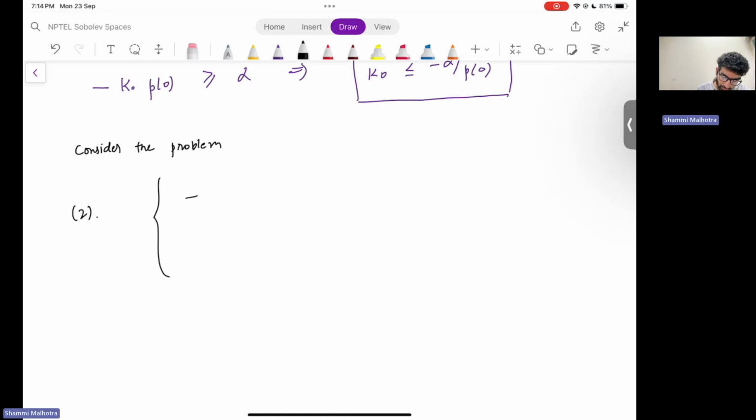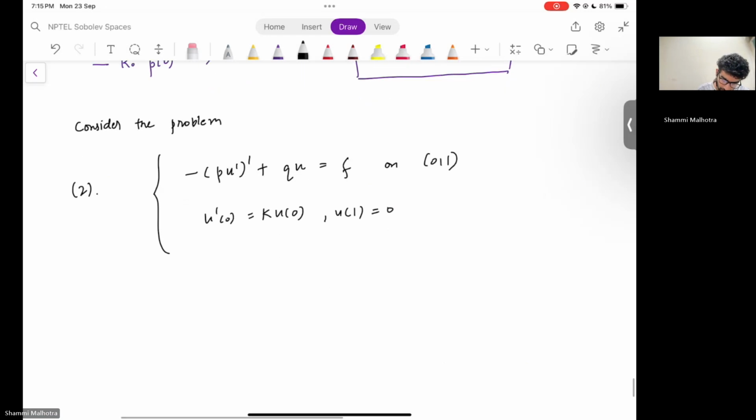This is nothing but minus (P u')' plus Q u equal to f on [0, 1], and then u'(0) equal to k times u(0), and then u(1) is nothing but 0 only, where k belongs to R is fixed and f belongs to L2 of [0, 1] is given.